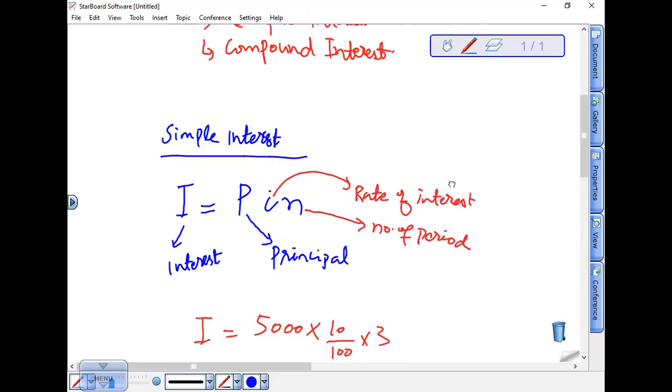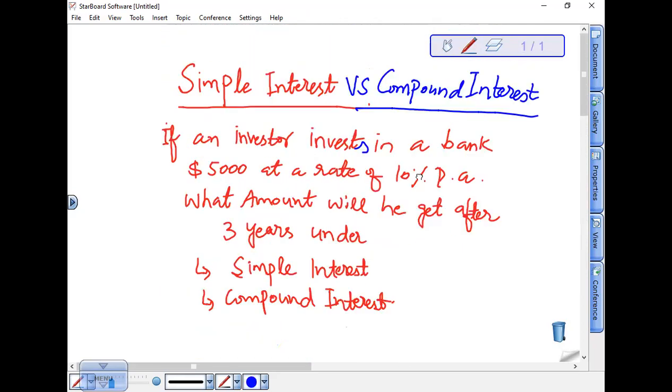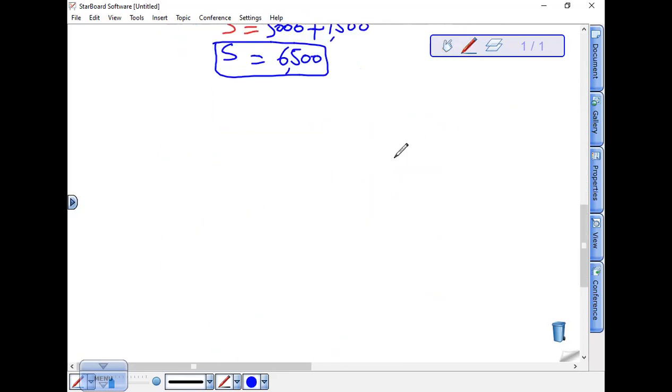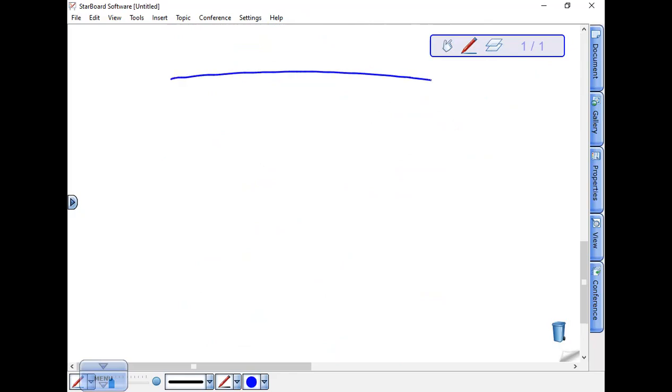Now if the same question is solved under compound interest calculation, the calculation will be different. Let's solve this question with the help of the compound interest formula. What amount will he get after 3 years? The amount, or sum, is equal to P into (1 plus i) raised to the power n. That is the formula.